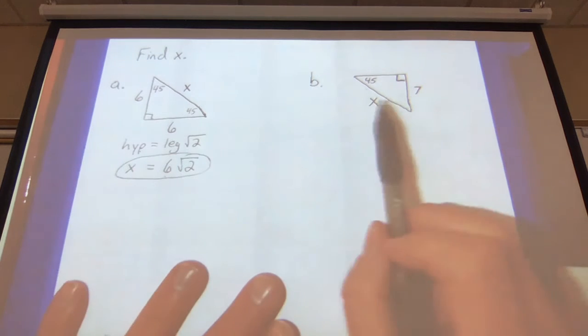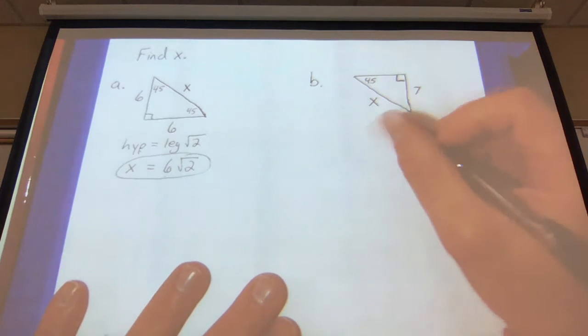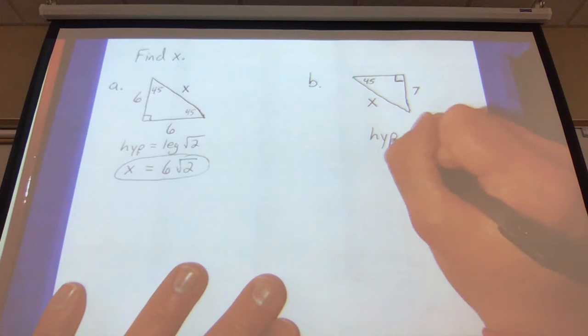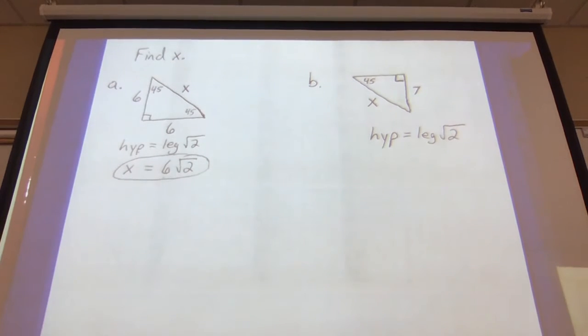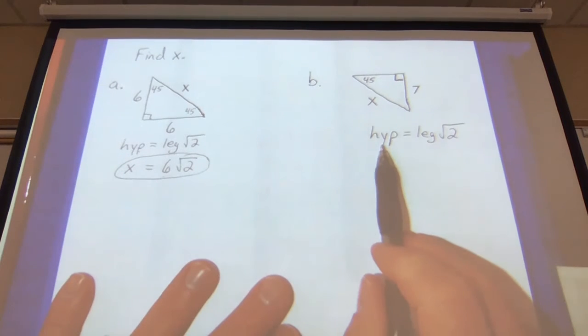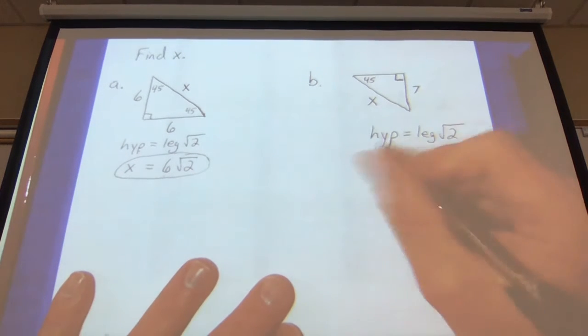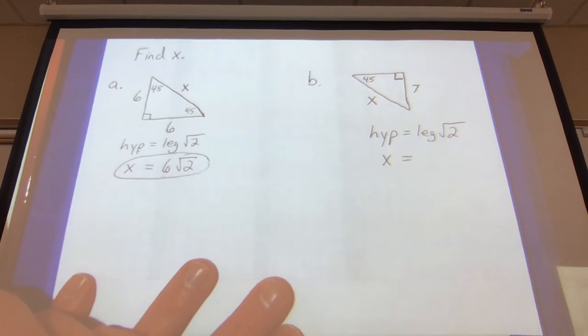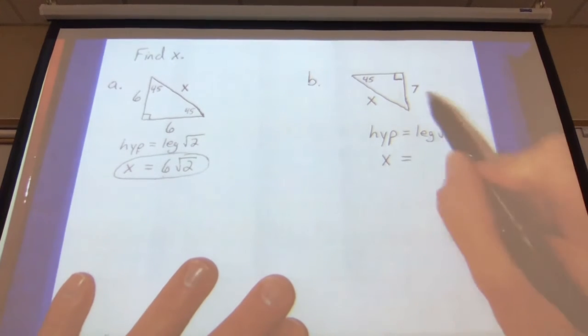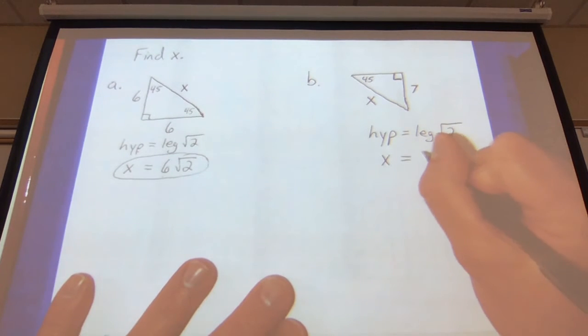All right, same exact process here. We know we've got a 45, 45, 90 triangle. When we have that, the hypotenuse will equal a leg times the square root of 2. Then we put in the parts. The hypotenuse on our picture is X. Don't forget your equal sign, that has to come down. The leg on the picture is 7.